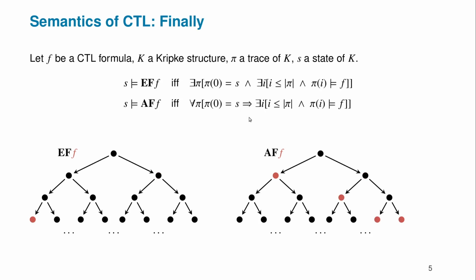Okay, and in a similar way we can define EF F and AF F. So a formula EF F, exists finally F, is true in a state S if and only if there is a path that starts with S, and we can find an i such that i is smaller or equal than the length of the path, in case we are not considering infinite paths, and at position i, F holds.